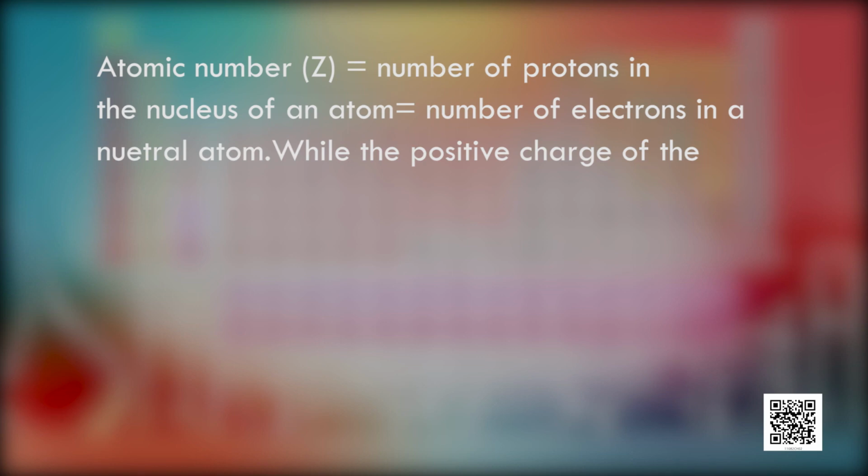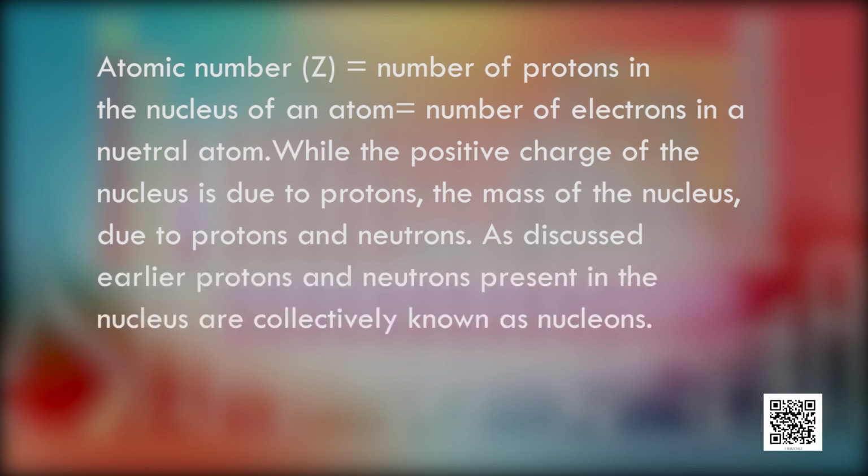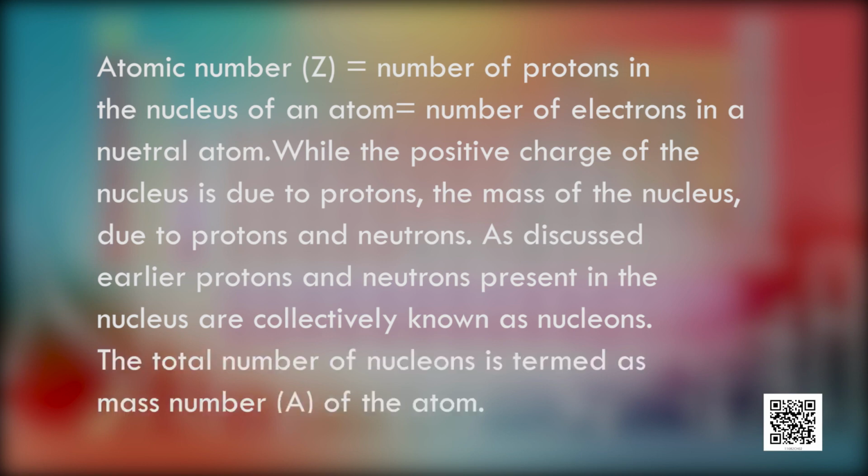While the positive charge of the nucleus is due to protons, the mass of the nucleus is due to protons and neutrons. As discussed earlier, protons and neutrons present in the nucleus are collectively known as nucleons. The total number of nucleons is termed as mass number of the atom.